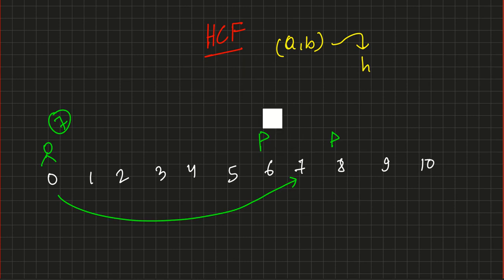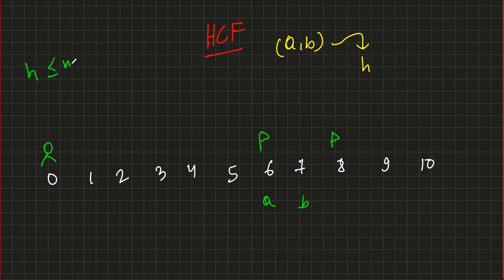So in this case as well, if you have to visit both A and B, then your jumping capability should be less than or equal to A. Or I should rather write, your HCF should be less than or equal to the minimum of A comma B. Then only you can visit both A and B. If H is greater than either A or B, then you are definitely going to skip one of the numbers. So yeah, this is one of the important properties of HCF, that it has to be less than or equal to the minimum of both A comma B.